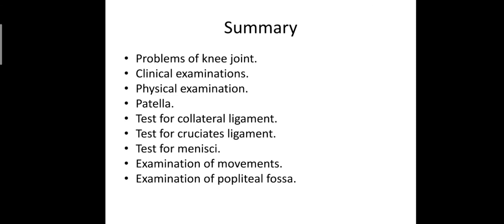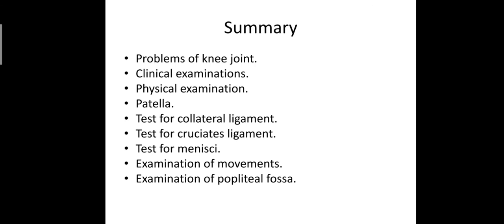So, in these two videos, examination of knee joint part 1 and part 2, we see problems of the knee joint, clinical examination, physical examination, patella, test for collateral ligament, test for cruciate ligament, test for menisci, examination of movements, examination of popliteal fossa.